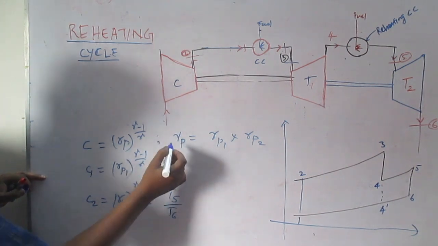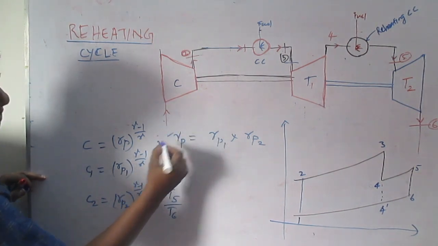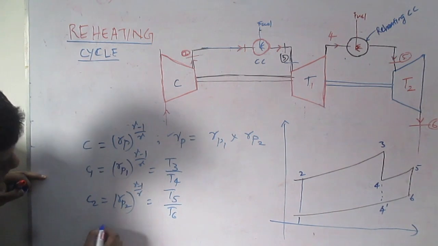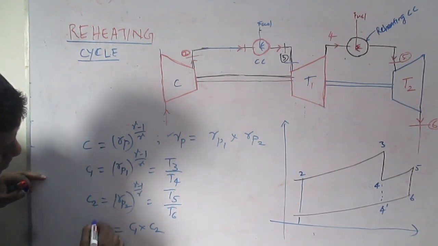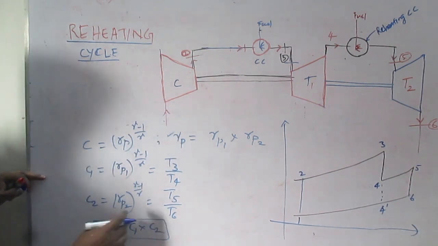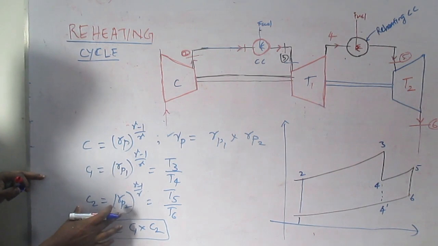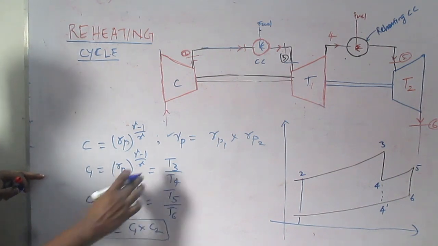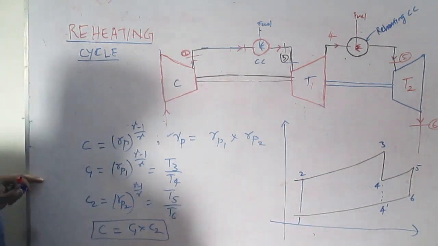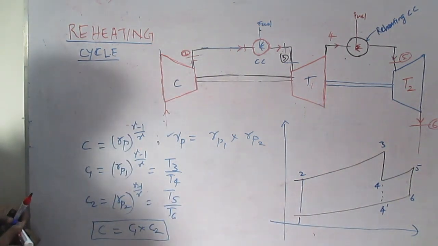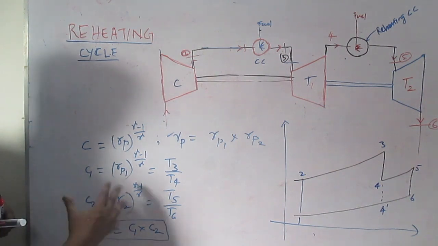Once we are able to write this, we can write C equal to C1 into C2. This is one thing we have to note down. Based on this definition and the pressure ratio, we can find out the specific work output, and also the efficiency.